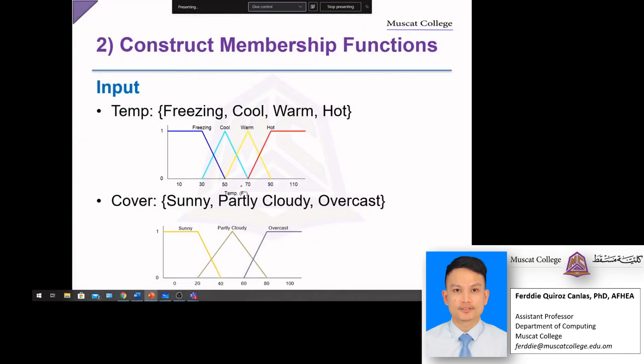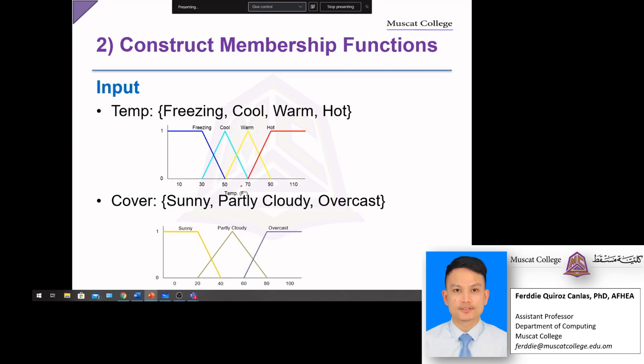Next, after defining your linguistic variables, let's now draw or construct the membership function. Normally, for problems in your examination, mostly in the test and in the final exam, I will be giving you a table discussing the ranges of the values.